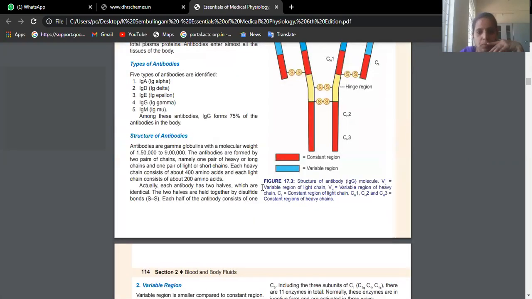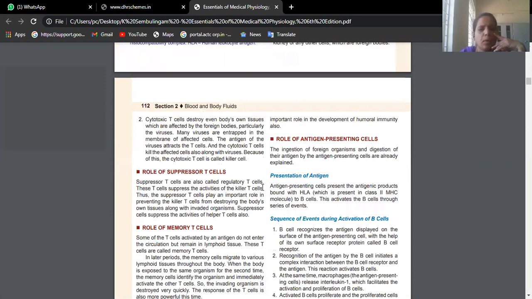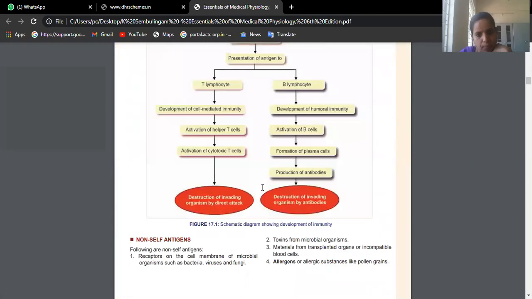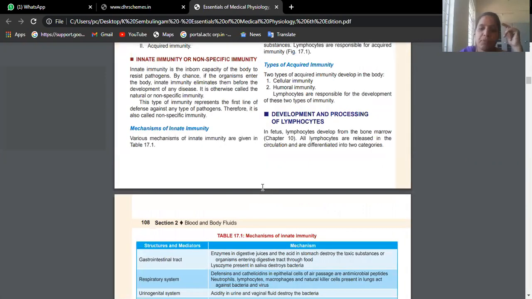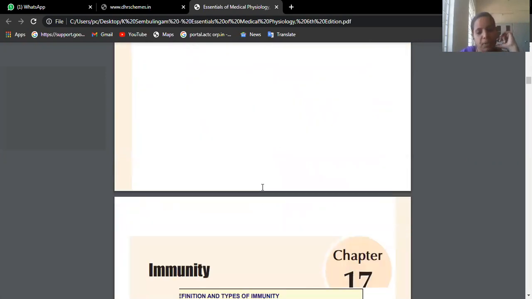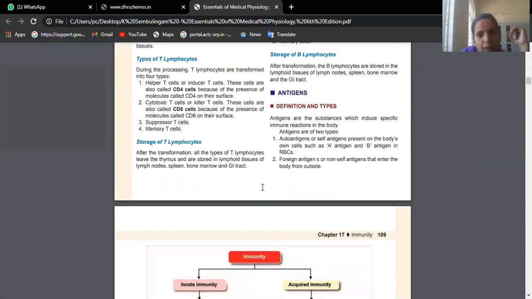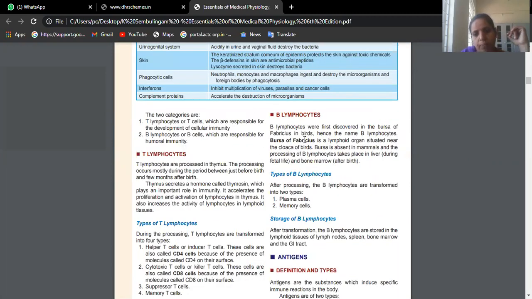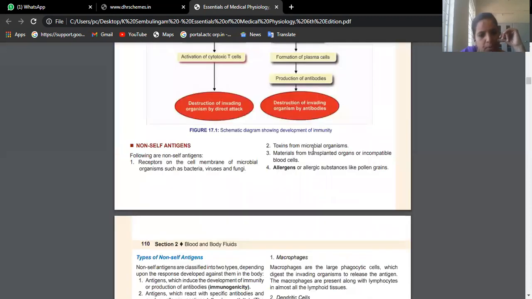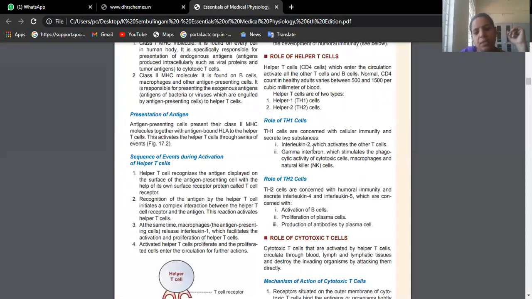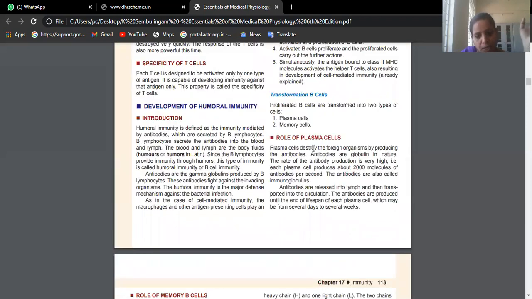Antibody mediated. T lymphocytes will give cell mediated. There is one table also, which gives us an easy way to present your answer.